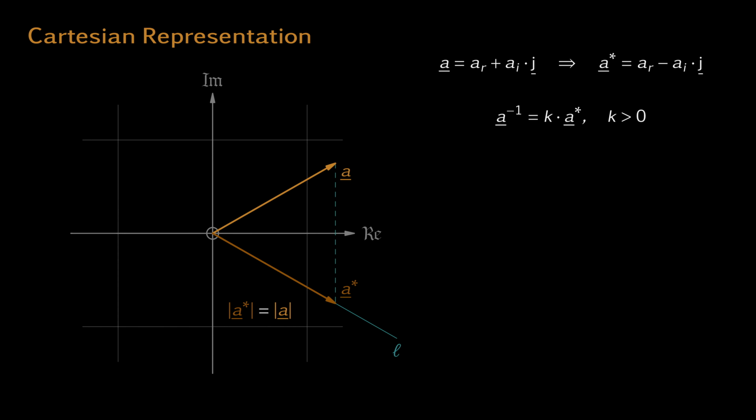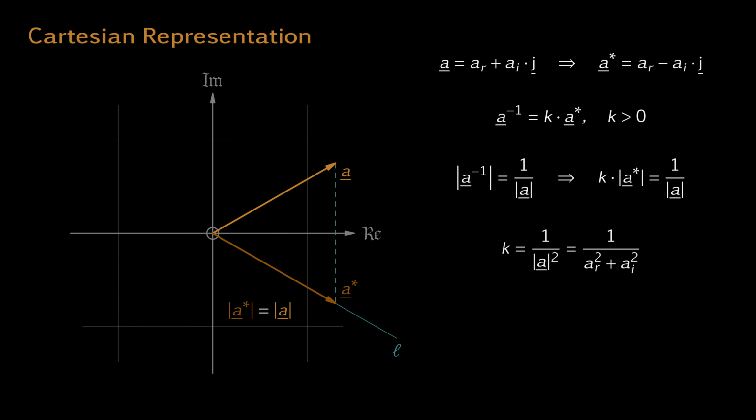Algebraically, this means that a to the minus 1 equals k times a star, where k is a positive real number. We've also seen that the length of a to the minus 1 must equal 1 divided by the length of a. This implies that k times the length of a star must equal 1 divided by the length of a. But since the length of a star equals the length of a, our factor k must be 1 divided by the length of a squared, or 1 divided by ar squared plus ai squared.